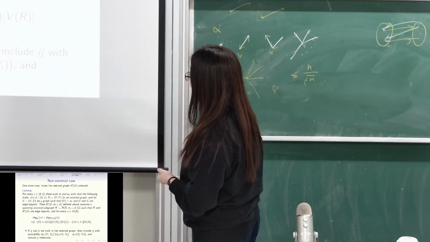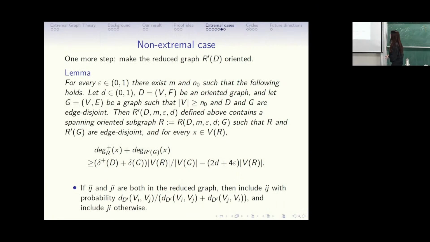More precisely, if ij and ji both show up in the reduced graph, then I include ij by the weight. If ij has greater density, then I add ij with its density divided by the sum of the densities.